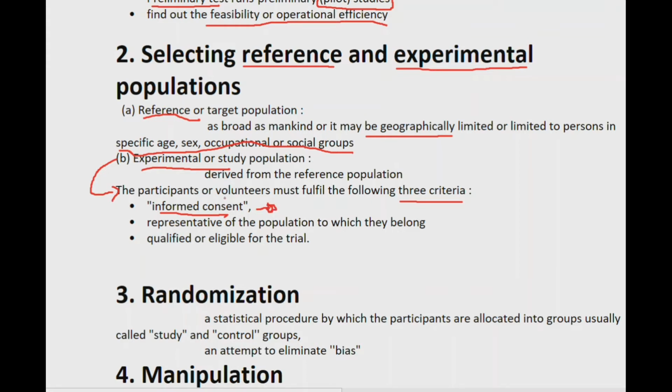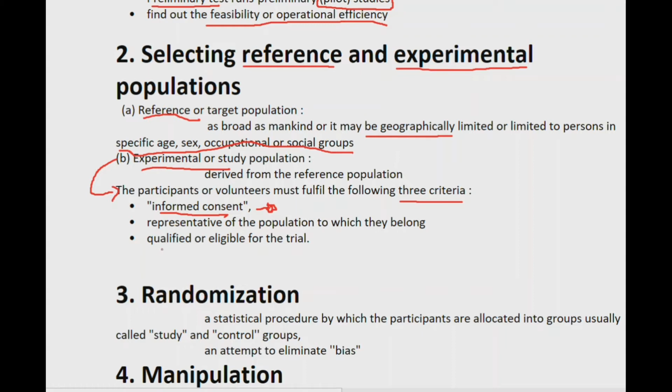All should be explained to the participants, and they should sign the informed consent. Then, the volunteer should be a representative of the population to which they belong.